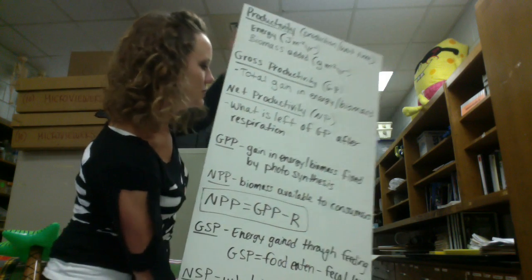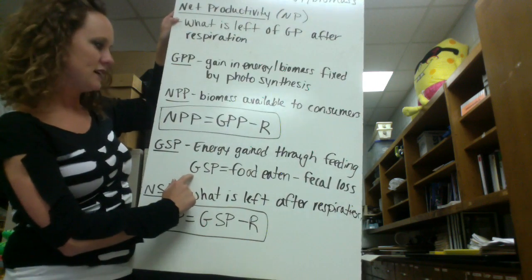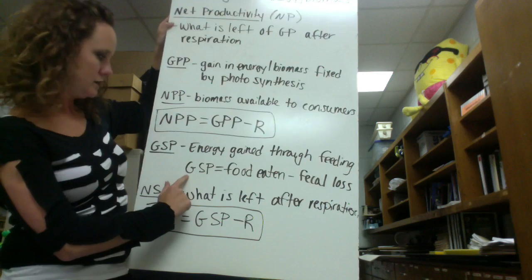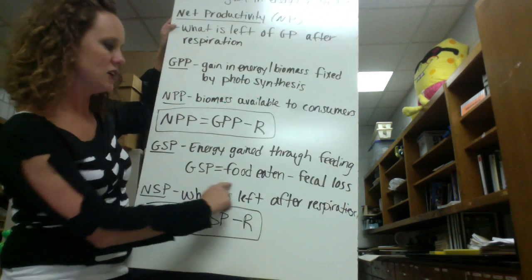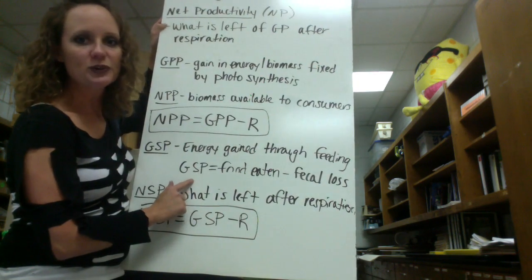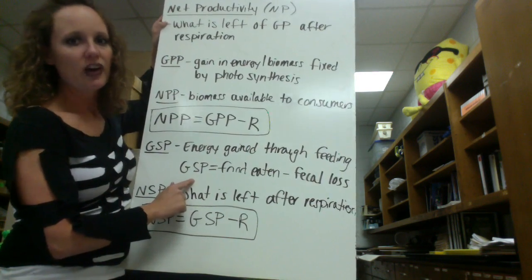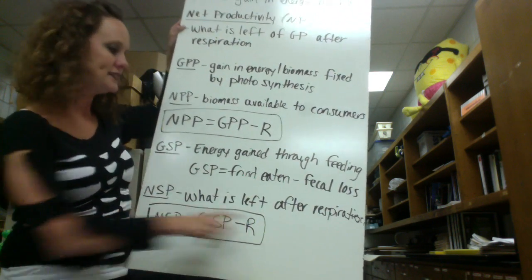So to figure out the gross secondary productivity, we take the food eaten minus the fecal loss, and that gives us that gross secondary productivity.